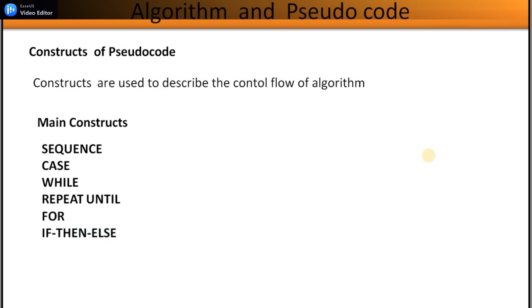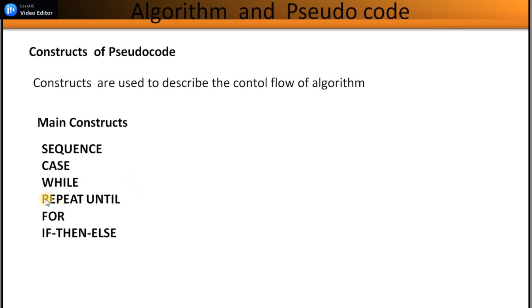Sequence has some structural words. These sequences are included within constructs as statements. Then the case statement is nothing but a multi-branch selection statement. While is a looping structure.